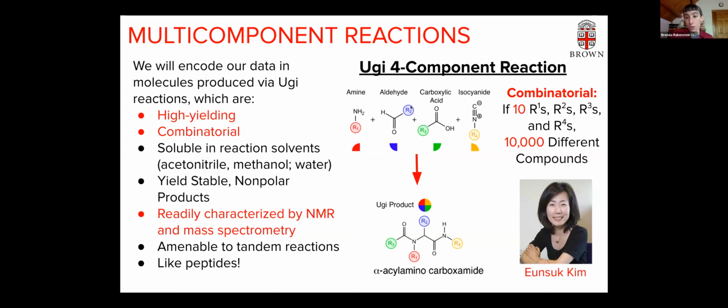Now you have essentially a combinatorial mixture of different possible compounds that you can make from just, let's say, 40 different kinds of starting components. And so we originally used these multi-component molecules to store information because we wouldn't have to do that much synthesis and wouldn't have to have that many components to make these.